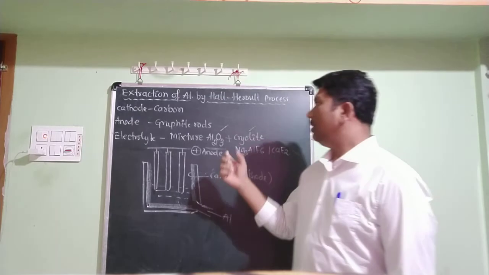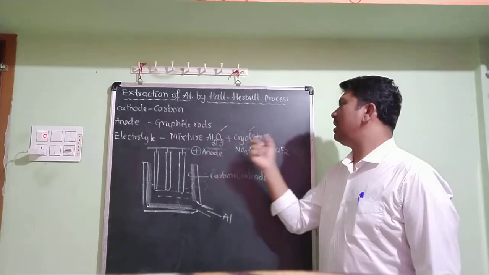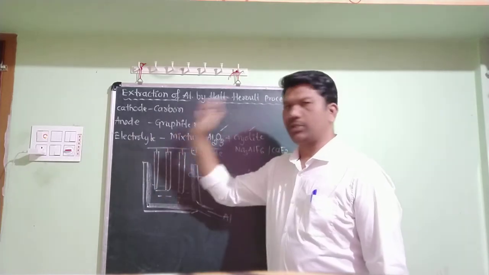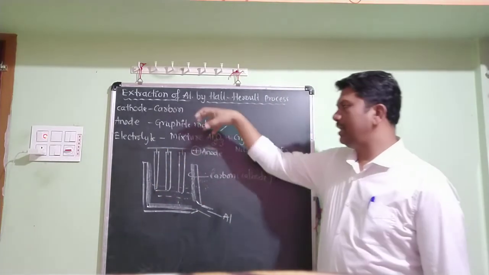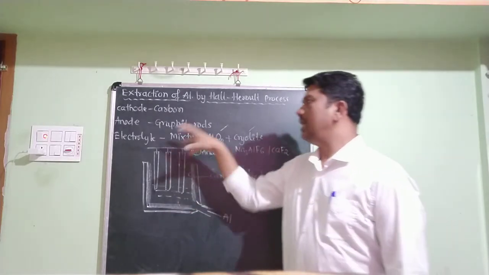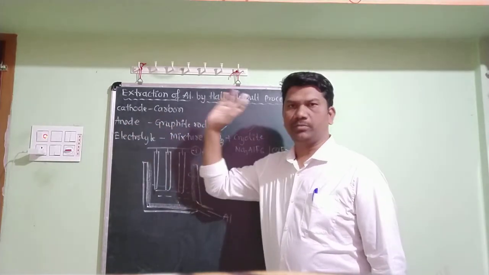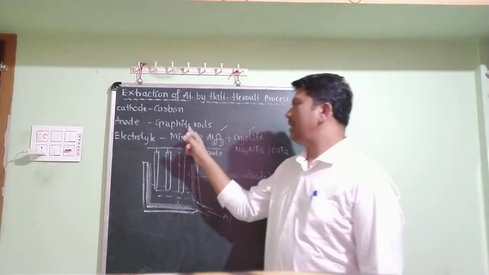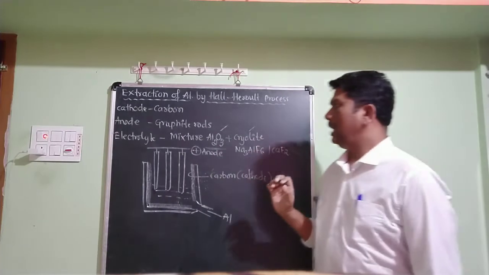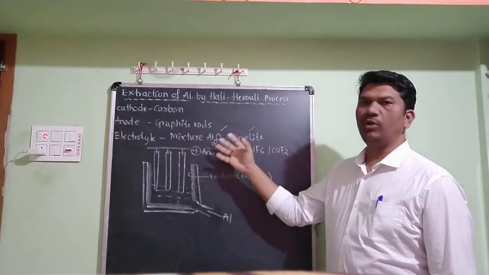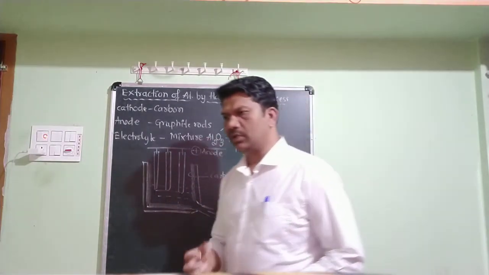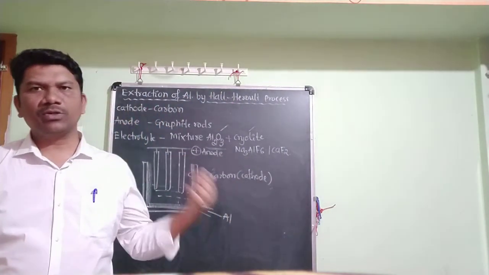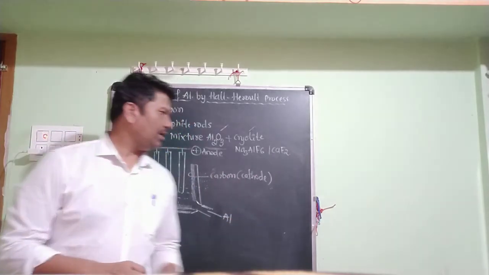Then a mixture of alumina and cryolite is taken into this vessel, and that acts as an electrolyte. Then graphite rods are suspended into the electrolyte which act as an anode. And you know the role of cryolite now. It helps to increase the conductivity, and it also helps to lower the melting point of electrolyte.